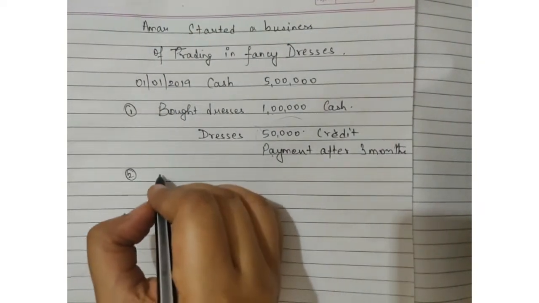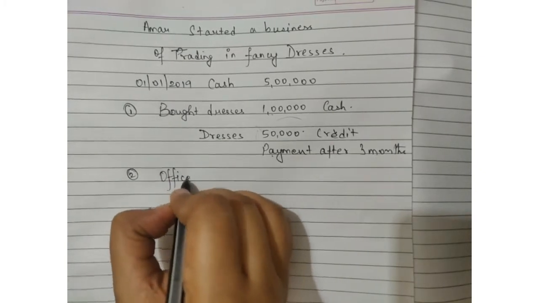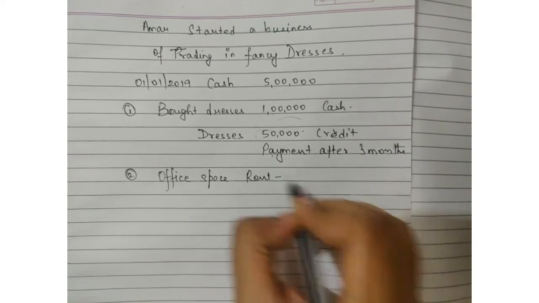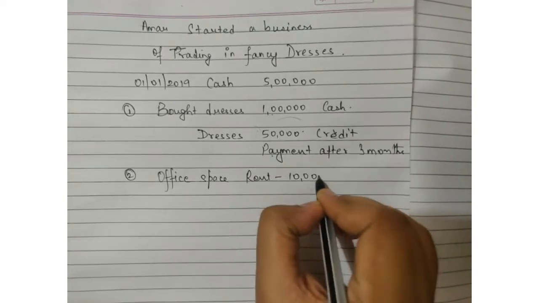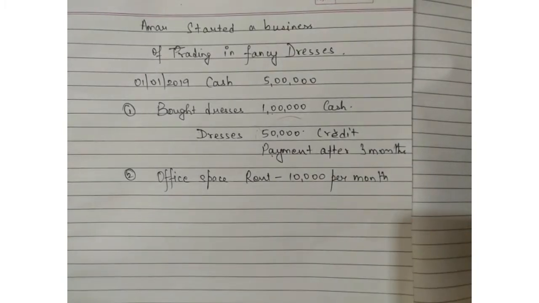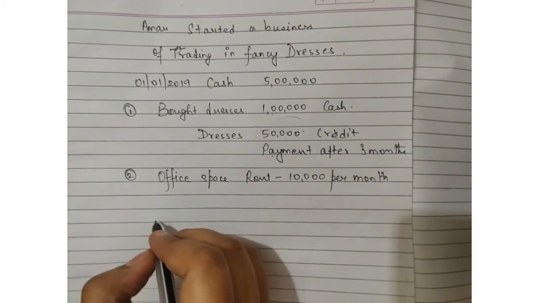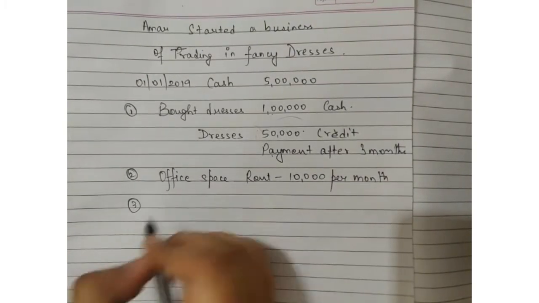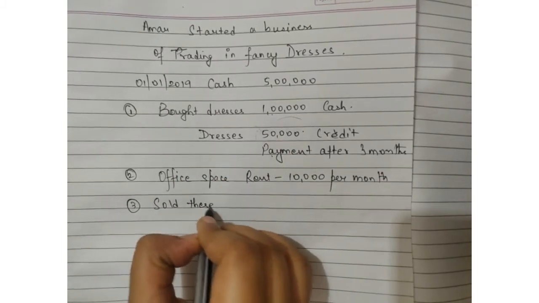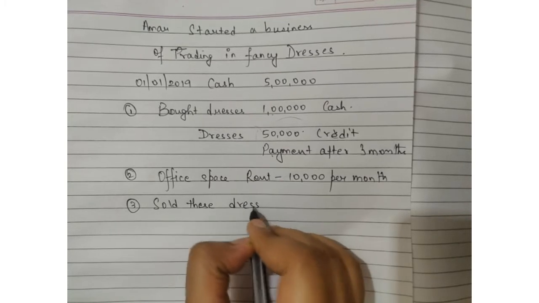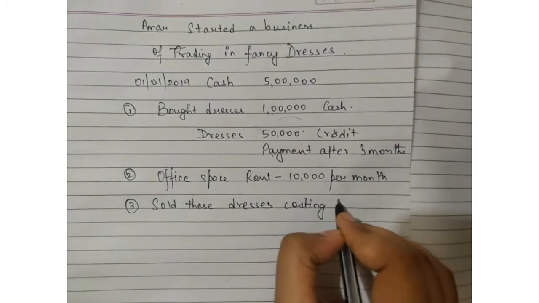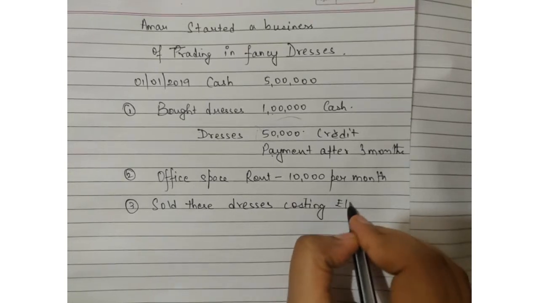He also bought an office space and pays rent of 10,000 per month for that space. Now he sold these dresses costing rupees 10,000.